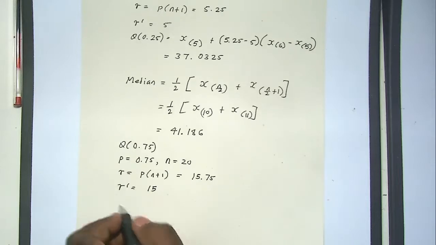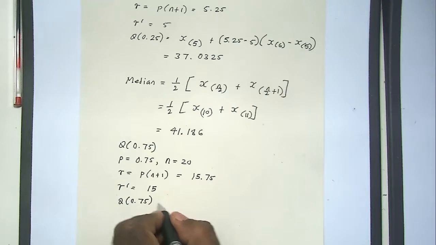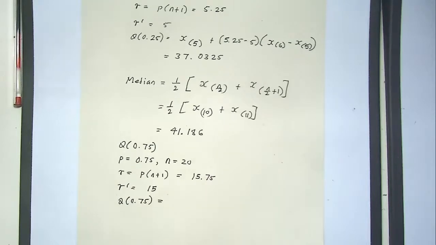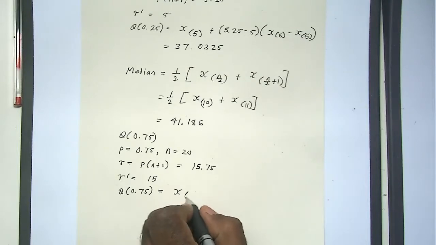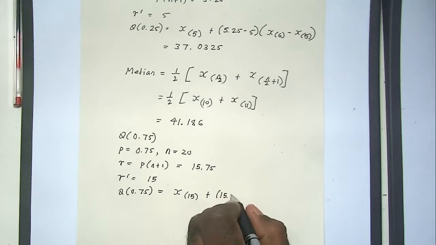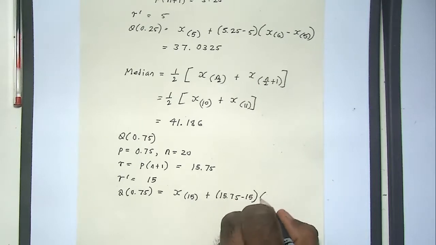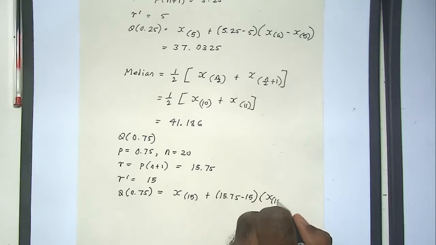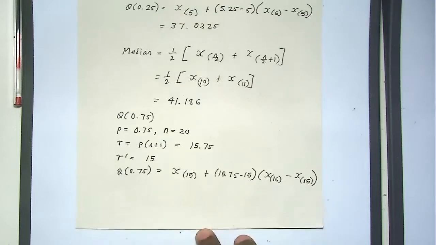Alright, so your Q is going to be, if you use the familiar formula, you get X sub 15 like this, right?